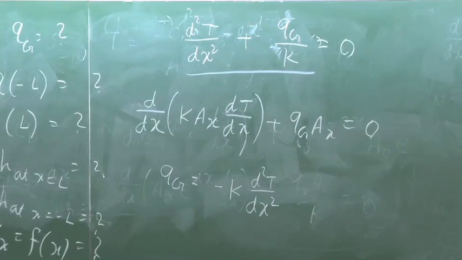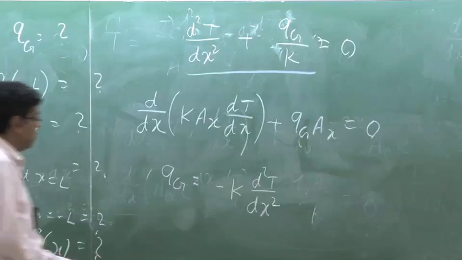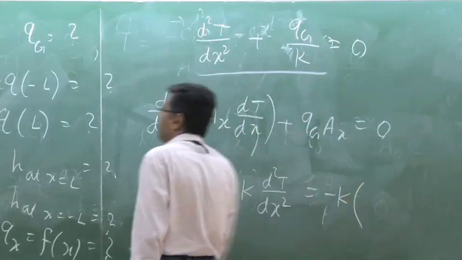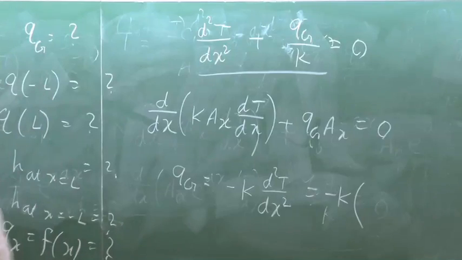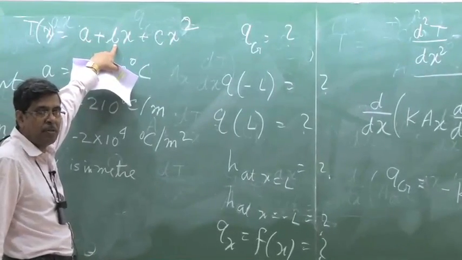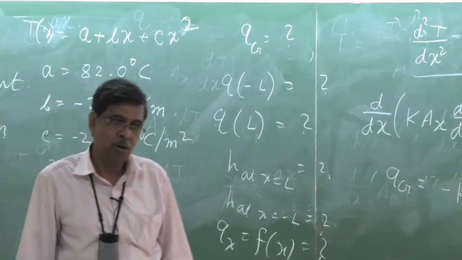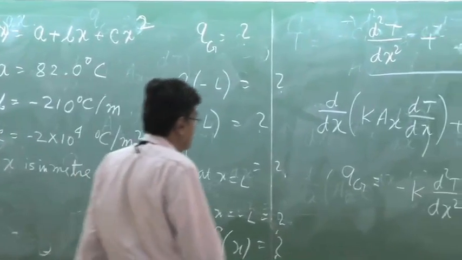What is d square T by dx square? Tell me. I may make a mistake here. Now dT/dx is B plus 2Cx. So therefore d square T by dx square is 2C.